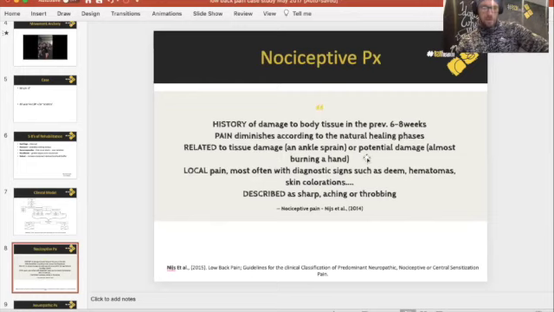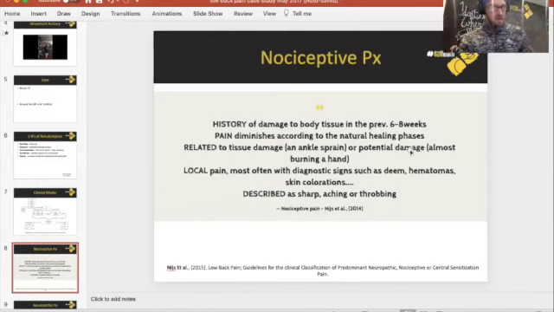So in the example of an ankle sprain or the potential damage, so I almost burnt my hand, but you had that nociceptive little tissue damage detectors that are receptive to mechanical, inflammatory and thermal threat or potential threat, and that's why almost burning our hand will give us pain.